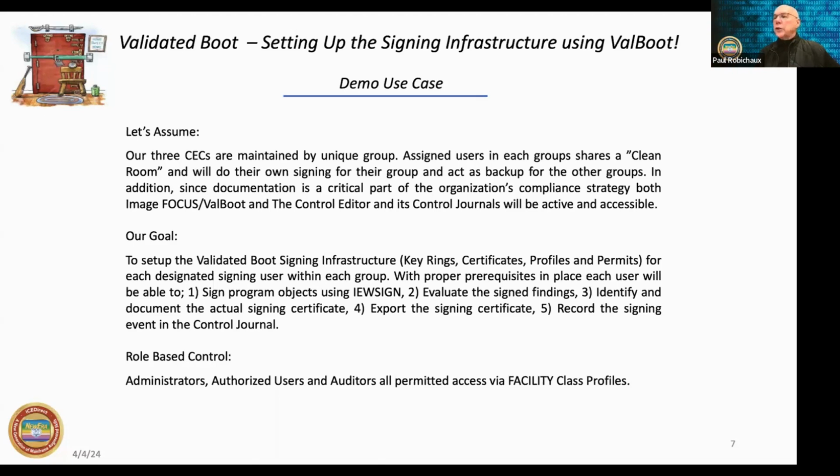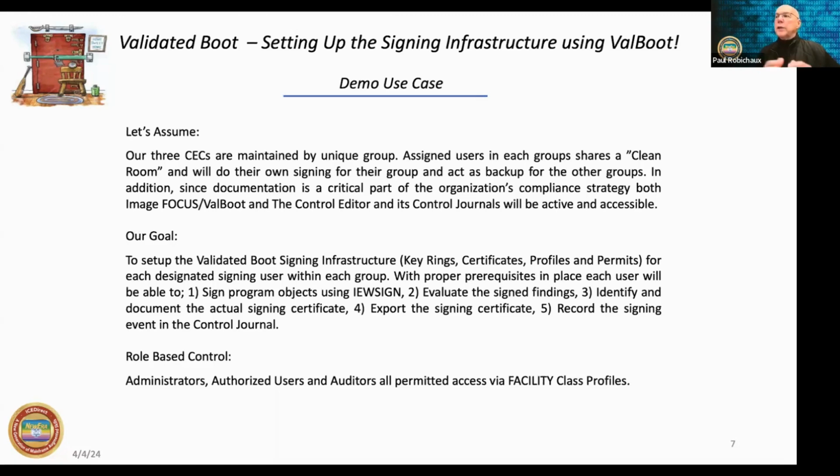Within ValBoot, there are 3 different role levels. You can be an administrator, you can be an authorized user, or you could be an auditor. And all of these are permitted by specific named facility class profiles. If you are an administrator, you will also need to be RACF special.